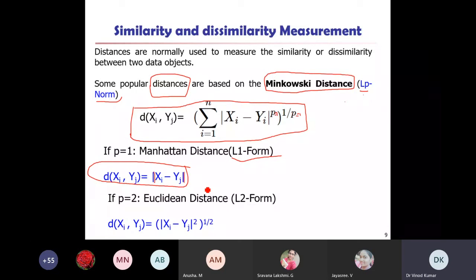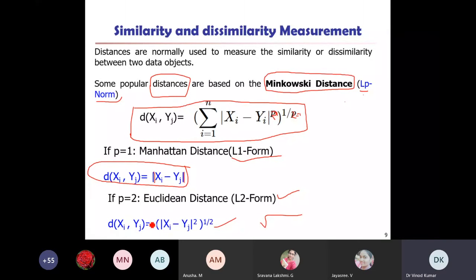Absolute difference, because we have the modulus, so we can find the absolute difference here to measure the dissimilarity. And next, very popular, in 8th, 9th, 10th standards we have seen this formula, the Euclidean distance formula. If you keep 2 in place of p, then you will derive this formula, xi minus yj to the power 2 and 1 by 2, where 1 by 2 means the square root.